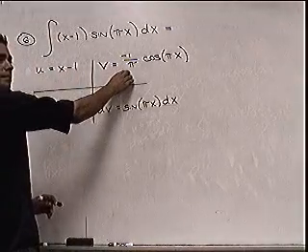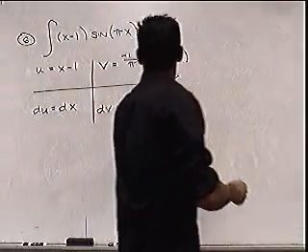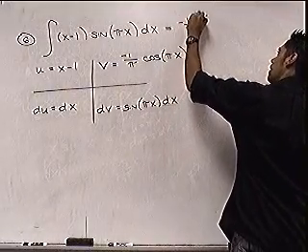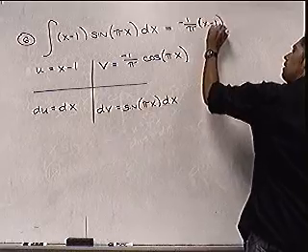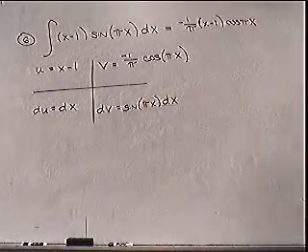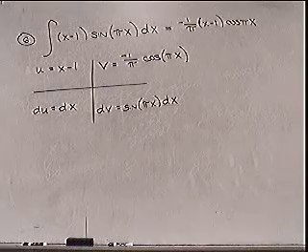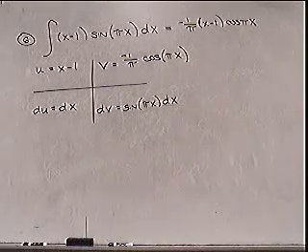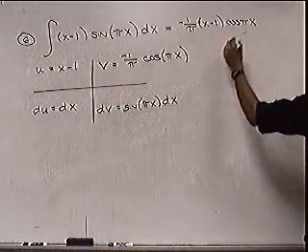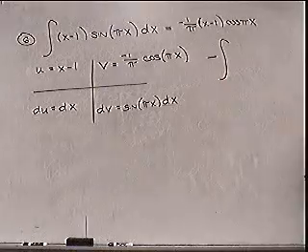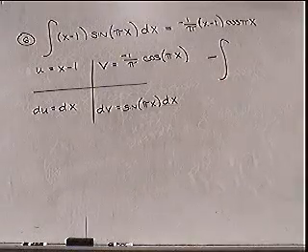This times this, so watch the way we're going to write that. It's going to be negative 1 over pi x minus 1 cosine pi x. So that's just ultraviolet. Minus, I'm going to run out of space, so I'm going to put it right here, minus integral voodoo, v du.